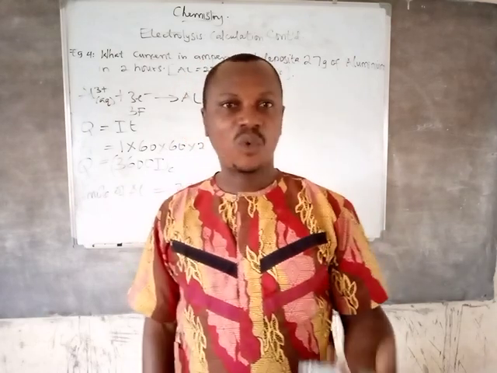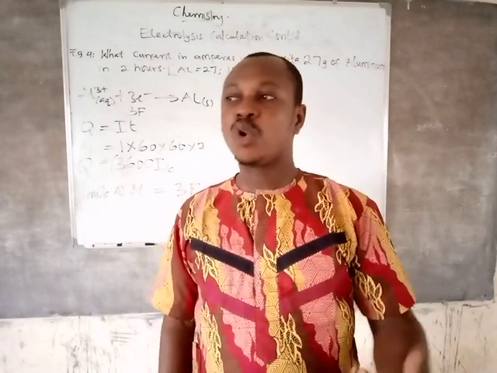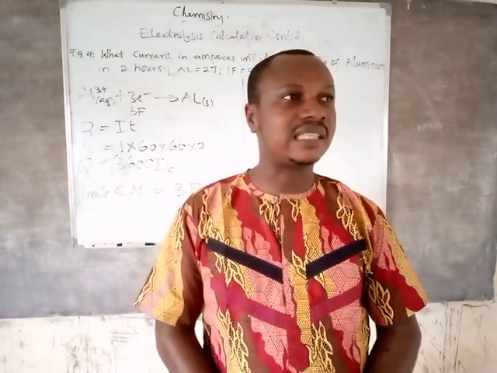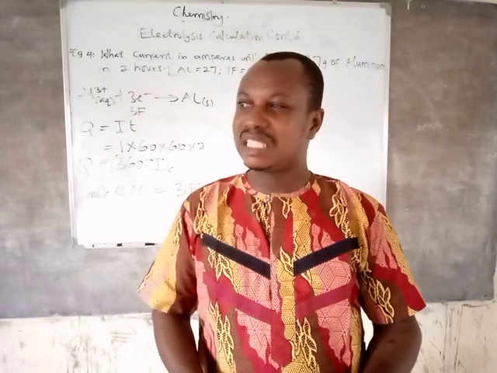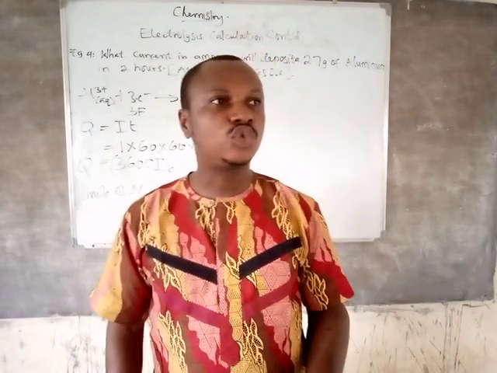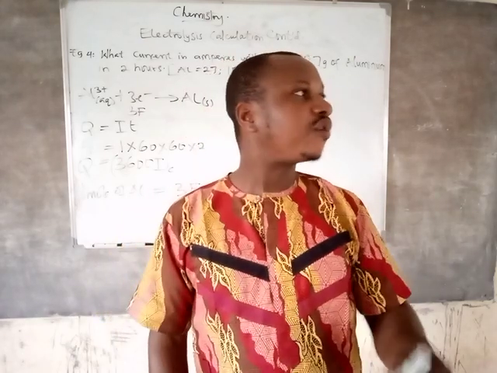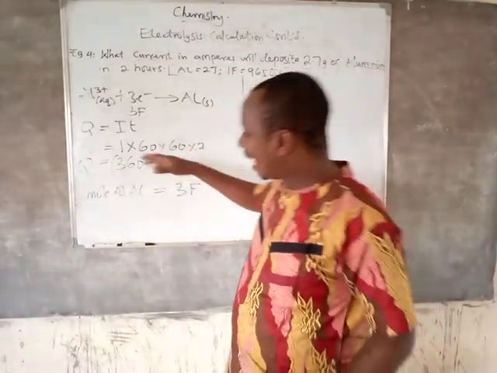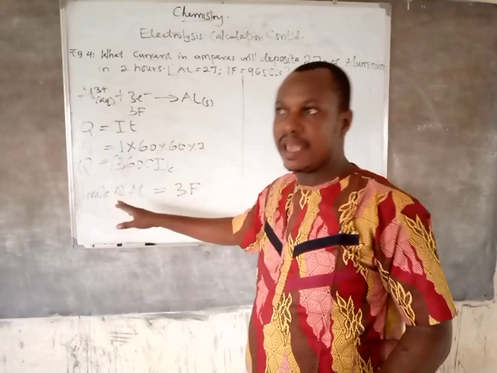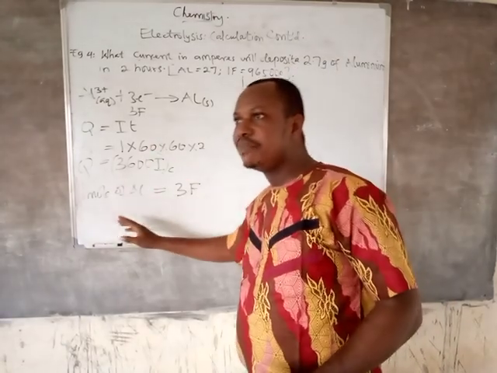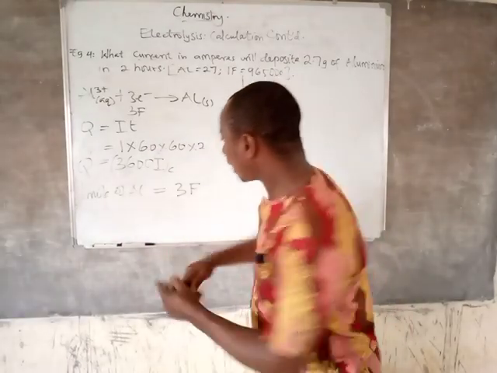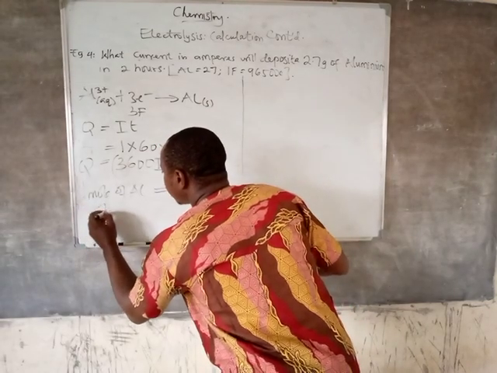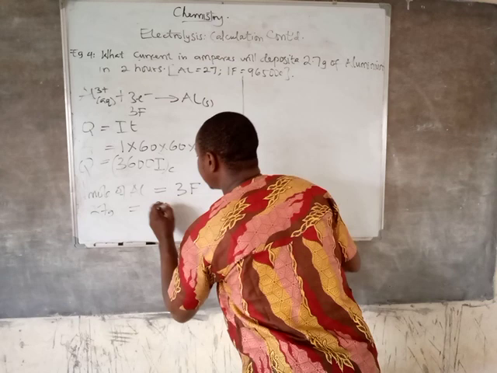If it is a gas, 1 mole of every gas will always be equal to the molar volume of a gas, which is simply 22.4 dm cube or 22,400 cm cube. But if it is just a metal, it will always liberate the relative atomic mass. That of aluminium is 27 gram.